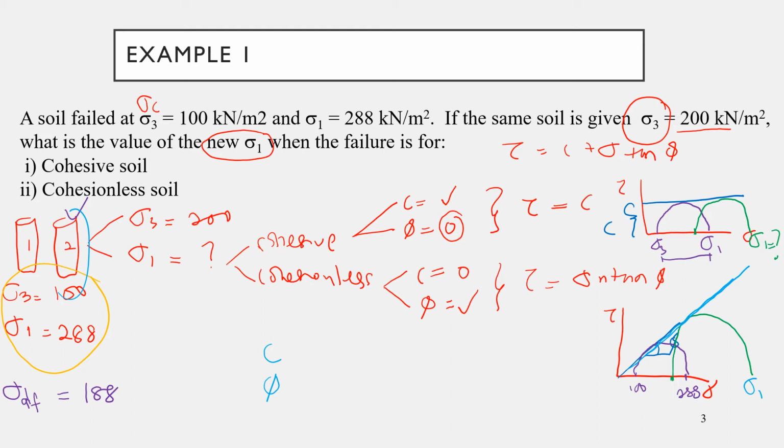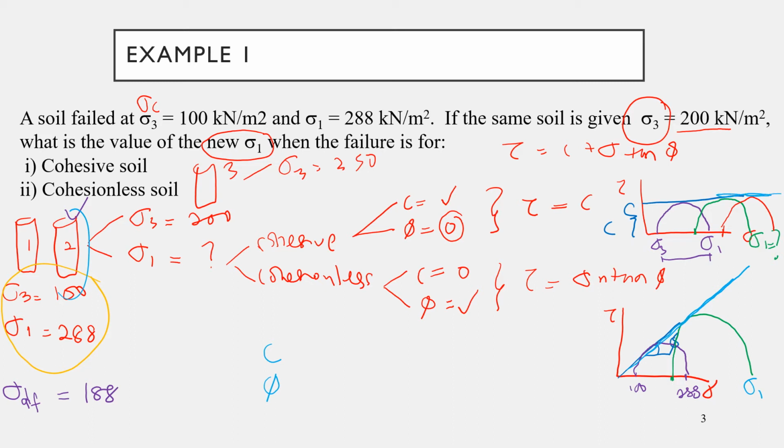If the soil has only a C value, it means that the shear strength parameter is only C. The same thing if you prepare sample number 3, subjected to a different confining pressure, let's say 250. For cohesive soil, you will have another circle starting from 250 here, and they are supposed to touch the same failure line.